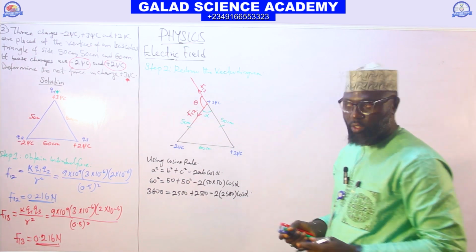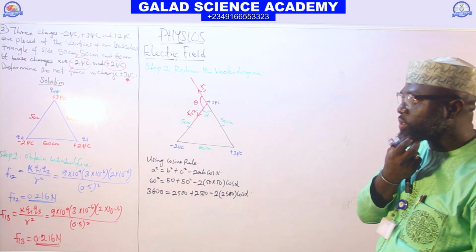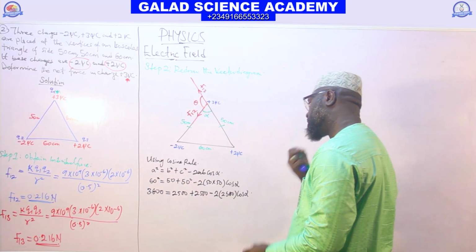If you add 2,500 with 2,500, it gives us 5,000. Yes.